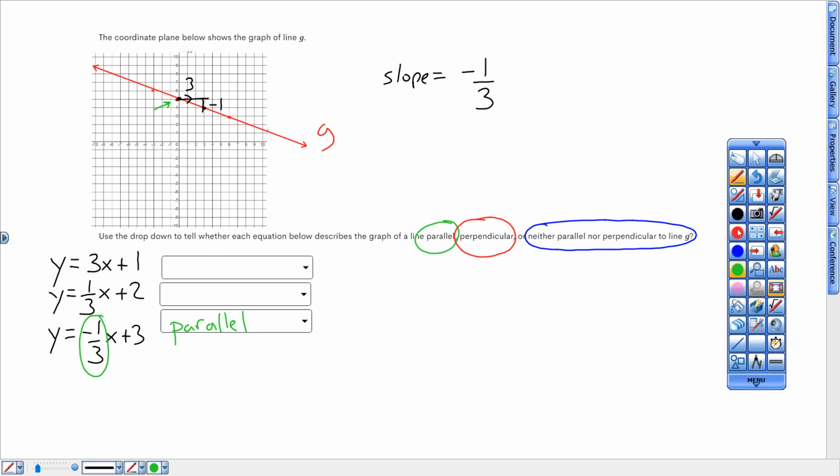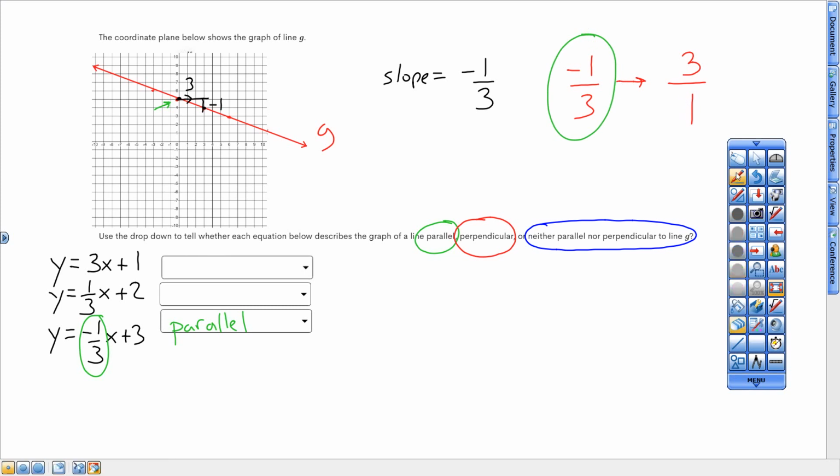Next, perpendicular. Perpendicular is a little different. Perpendicular is opposite reciprocal, which means flip-flopping the number: 3 to the top, -1 to the bottom. But after you do that, take the opposite of what that was. This fraction is a negative quantity fraction, so the opposite is going to be a positive quantity fraction.